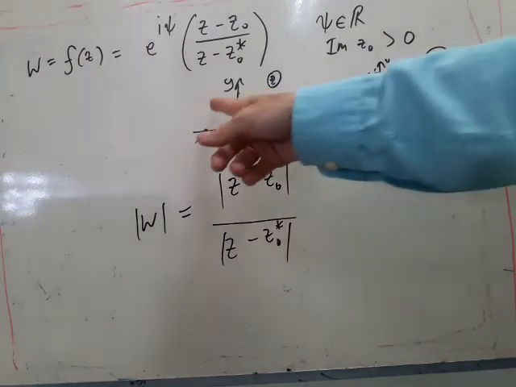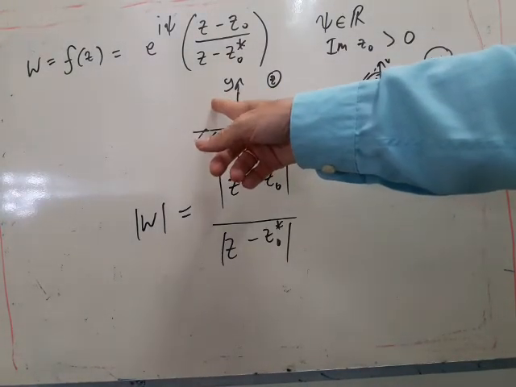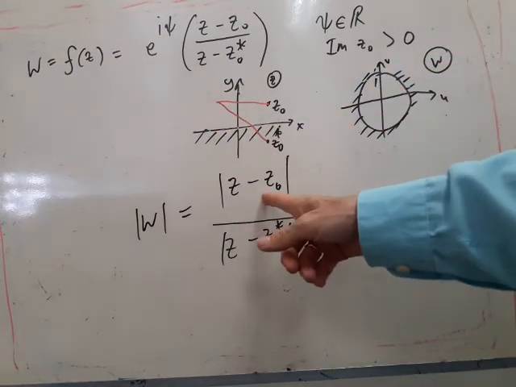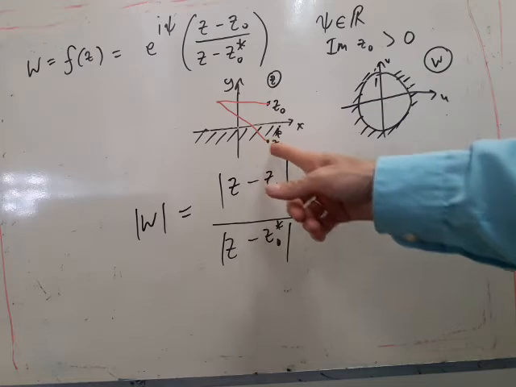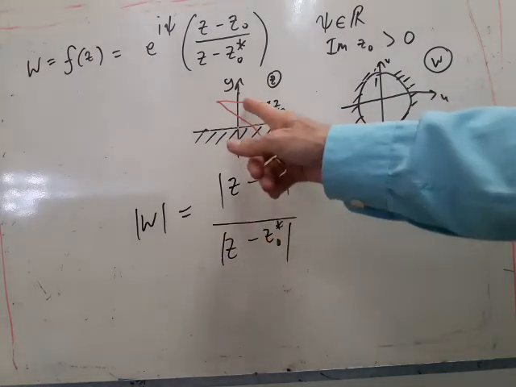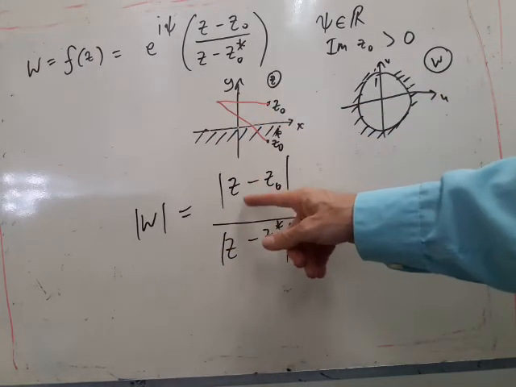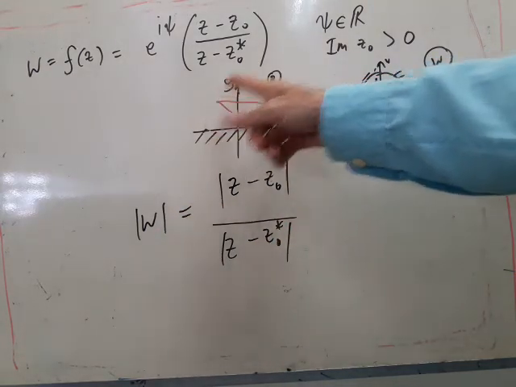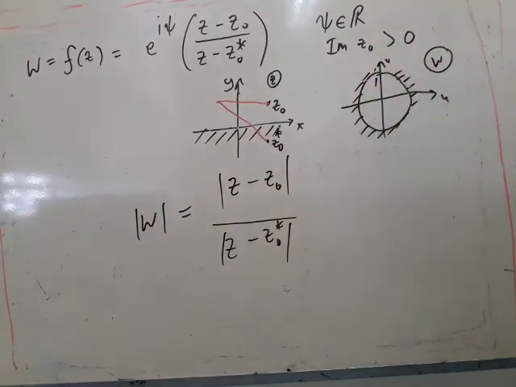So you can see that if a point Z is above the real axis, this distance here, which is this quantity here, will be less than this distance here, which is this quantity here, and therefore mod W will be less than 1. So this point here has to get mapped to a point inside the circle.